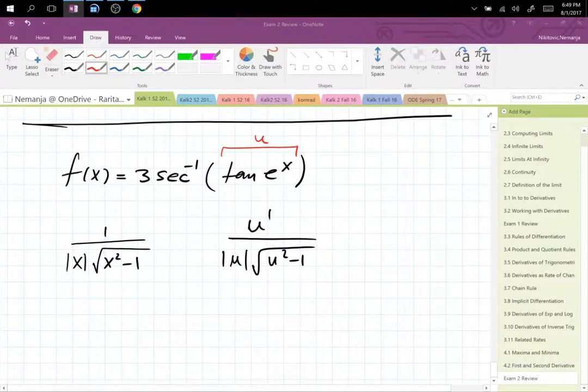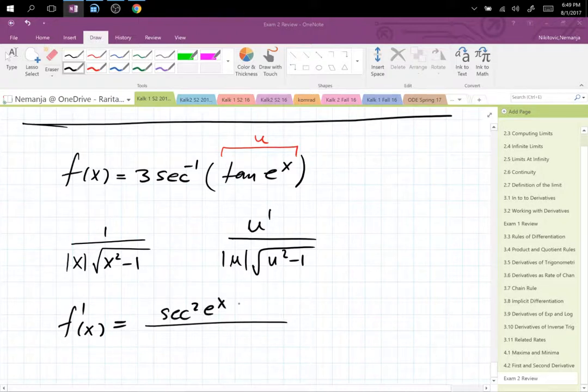Yep. So what's f prime? It is the derivative of tangent e to the x, which is secant squared e to the x times e to the x as a chain rule. And then on the bottom I have, oh, there's a 3 in front. I almost forgot that.